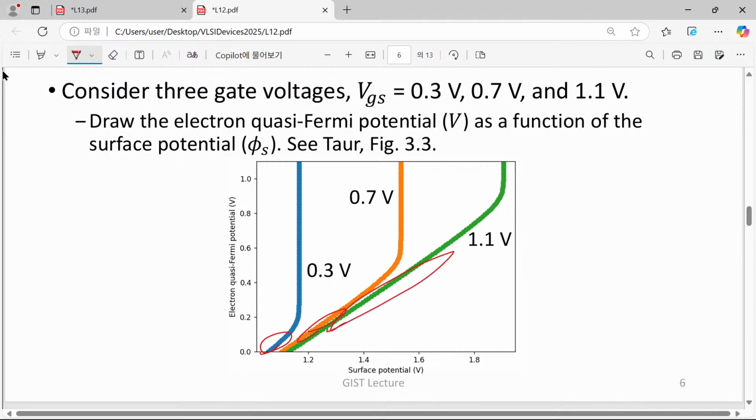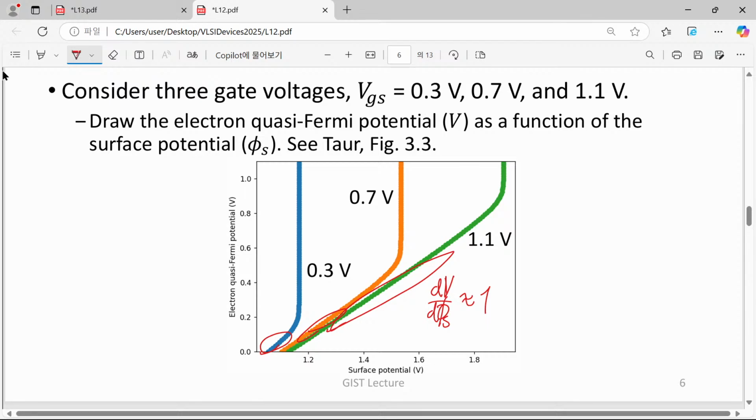So we have a sufficiently good approximation that dV over d phi s is quite close to 1. Yes, we have a sufficient number of electrons underneath the gate oxide.